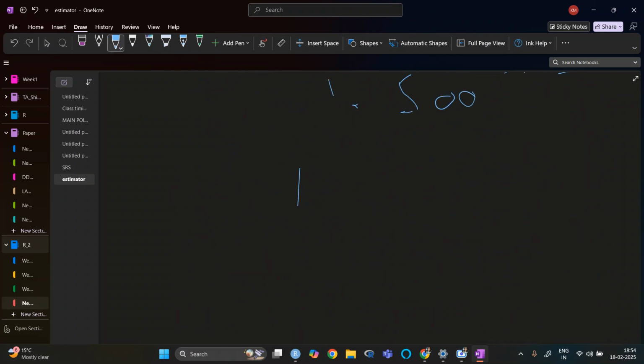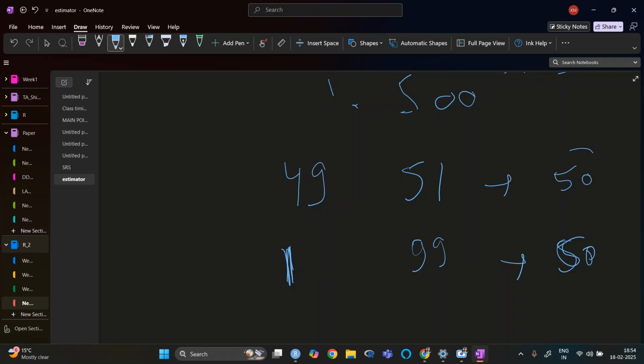What we have seen is that if I take 49 and 51, and I take 1 and 99, it is 1 plus 99, 100 by 2, 50, and 49 plus 51, 100 by 2, 50. Now the mean is the same, but the variation is very high. So variance here is very high.